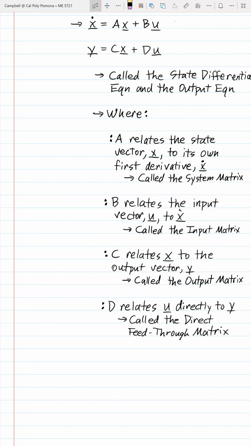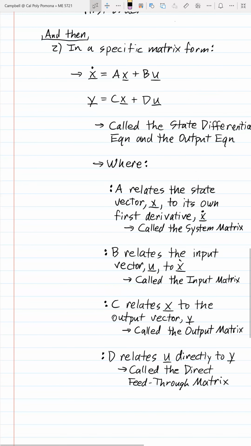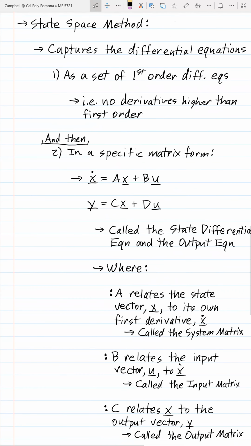That means that these state space methods, at least in their traditional form, are written in the time domain. So we never leave it. Transfer functions forced us to go into the frequency domain.